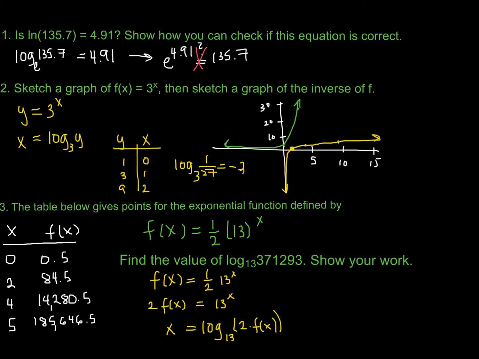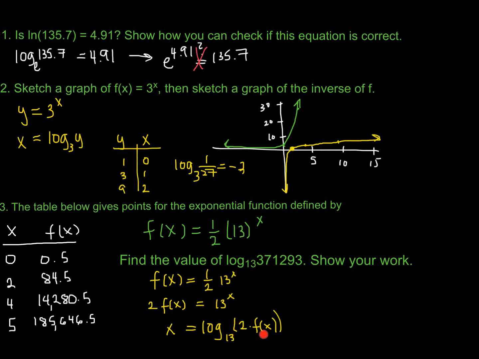I'm going to end up, here are my steps here, as x equals log base 13 of 2 times f of x. So think about what this is saying, right? This is saying if you plug in an x value, it'll be equivalent to log base 13 of 2 times f of x. And we want to know the value of log base 13 of this number.